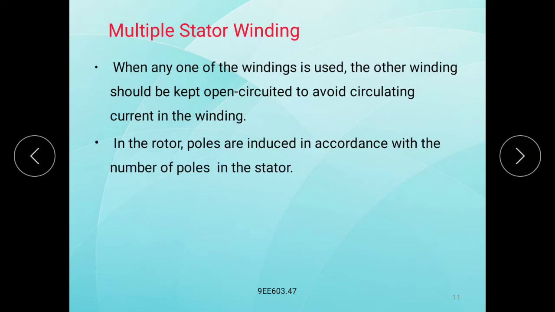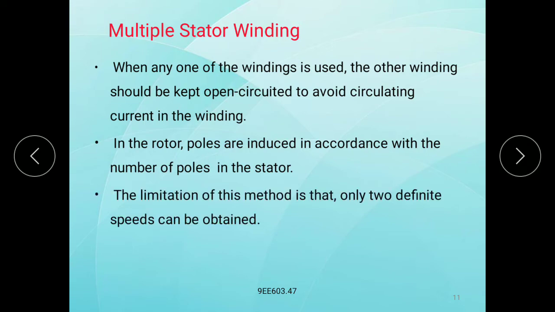In the rotor, poles are induced in accordance with the number of poles in the stator. The limitation of this method is that only two definite speeds can be obtained.